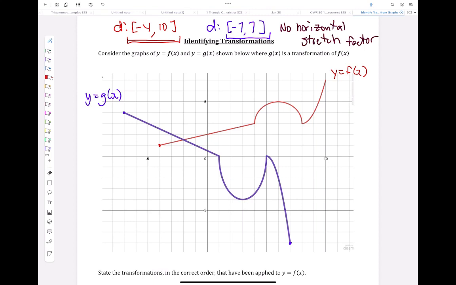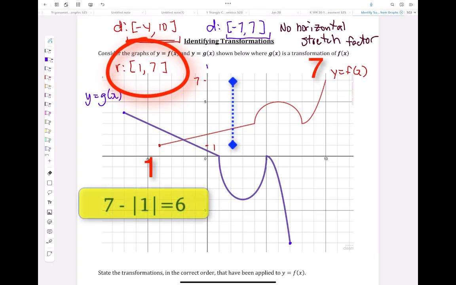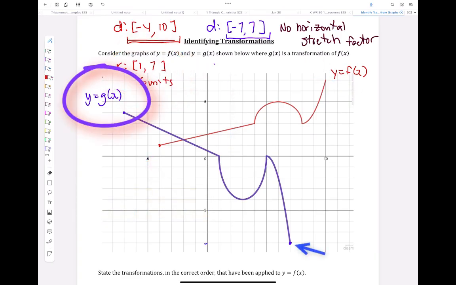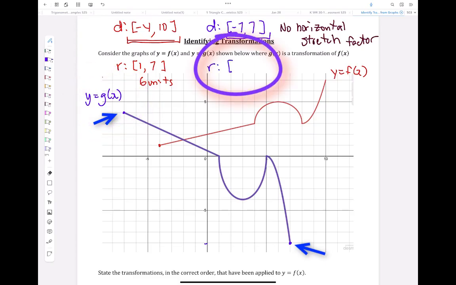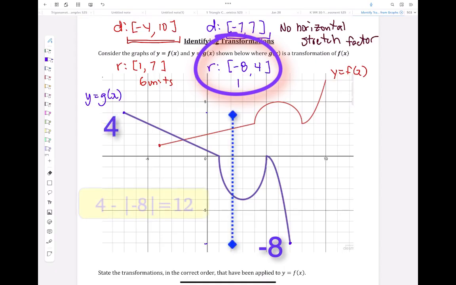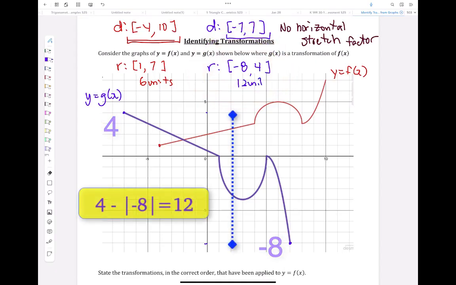So now that I've done that, I'm going to do the same thing for the range. I'm going to compare the respective ranges of these two. So we have a range of f(x) going from 1 to 7, and if I compare the range for g(x), it looks like we're going from -8 to +4, which is going to span 12 units.